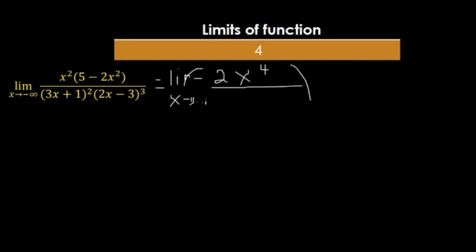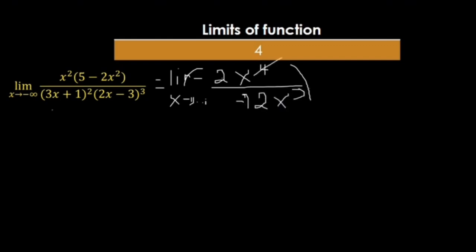Multiplying this one, that is 3x squared, that is 9, and this one, that is 3 times 8x cube, multiplying that gives 72x to the power 5.